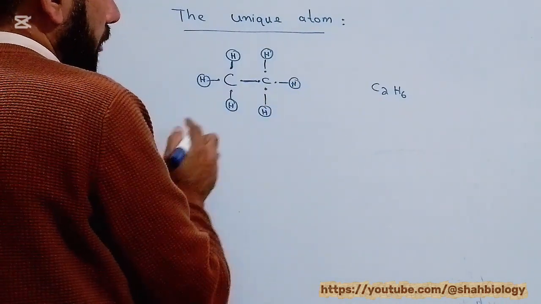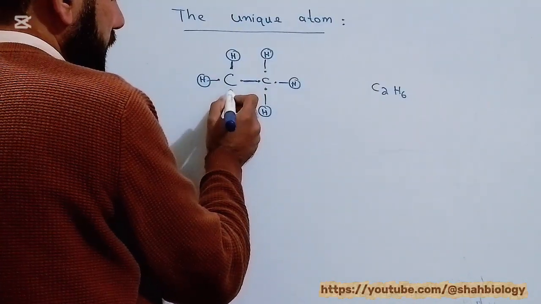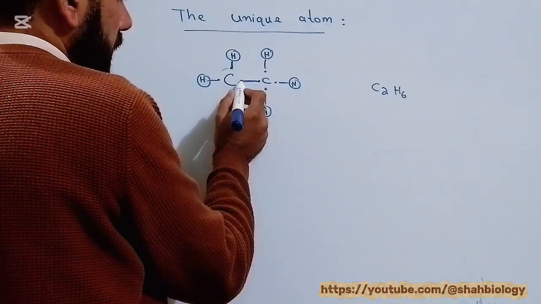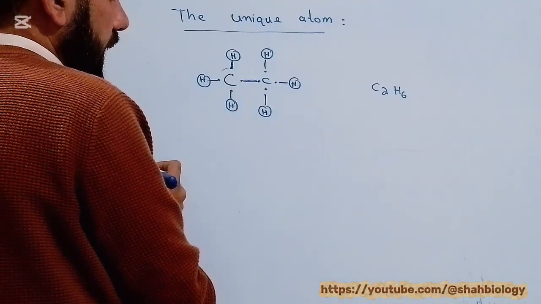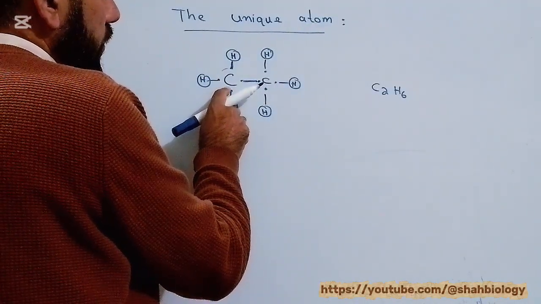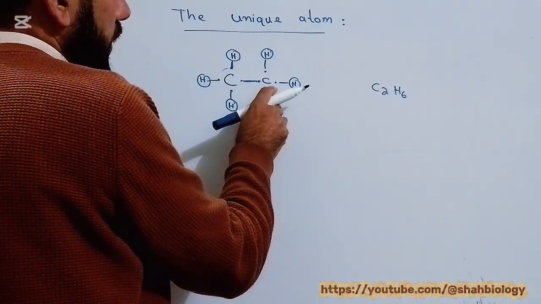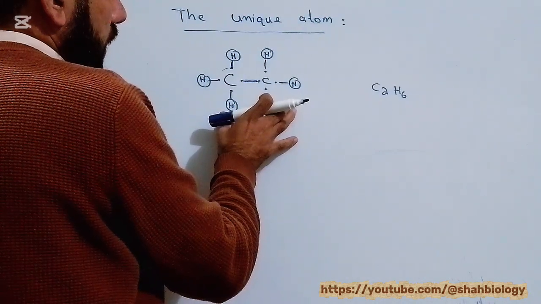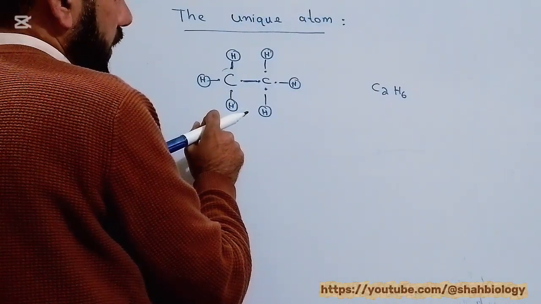Look what happens here. This carbon atom shares three of its electrons with hydrogen atoms, and the remaining one electron is shared with another carbon atom. So this carbon also reached stability, and both carbon atoms use their four electrons in bond formation.